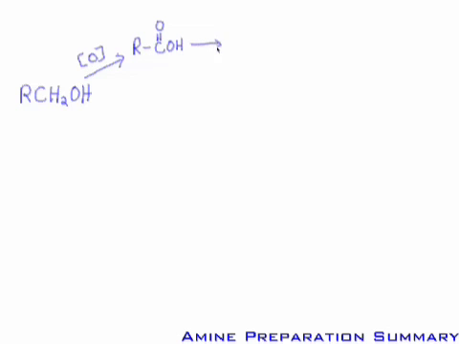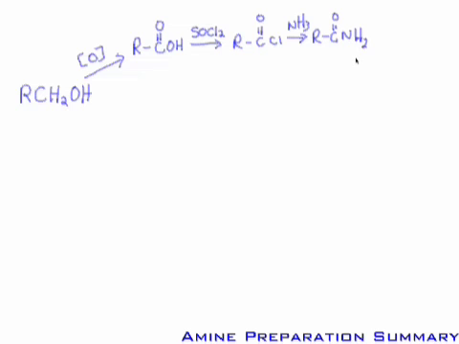Reaction with SOCl2, thionyl chloride, will produce acid chloride. And if you hit that with ammonia, you can produce an unsubstituted amide, R, C double bond O, NH2.